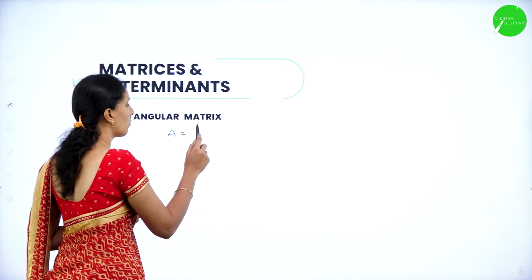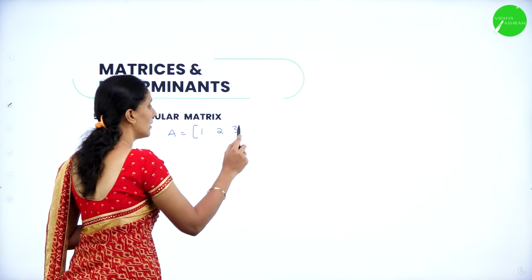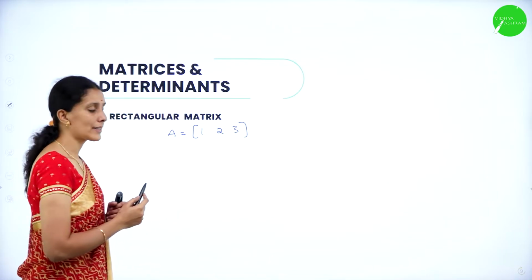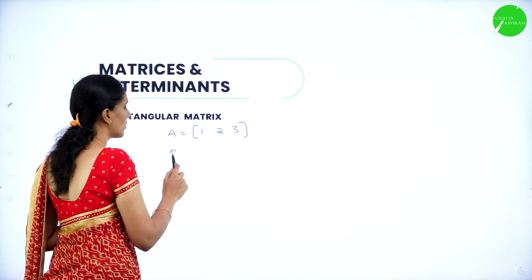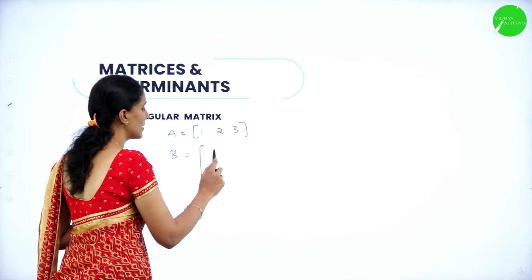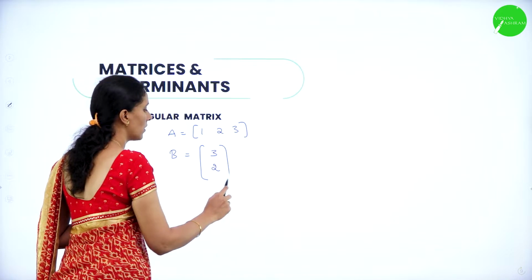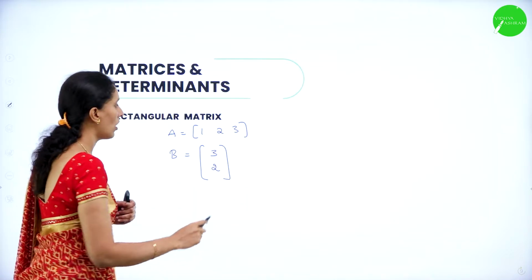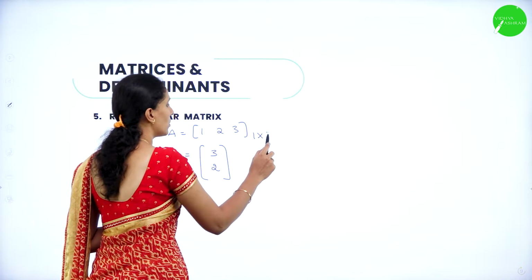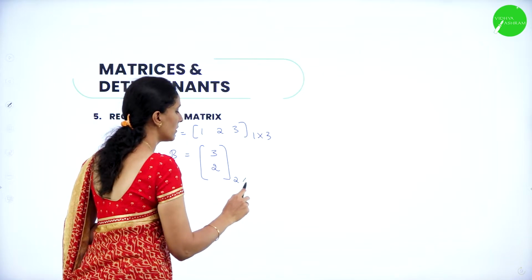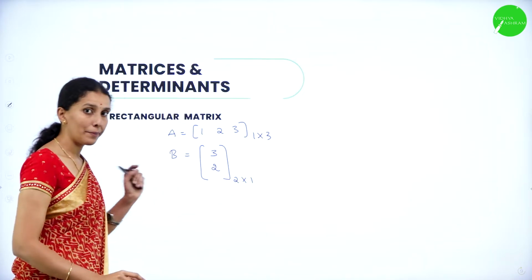Let A is equal to 1, 2, 3. This is also a rectangular matrix, or it may be a column matrix 3 and 2. So here 2 rows and 1 column. So 1 row, 3 columns, 2 rows, 1 column. So they are completely different.